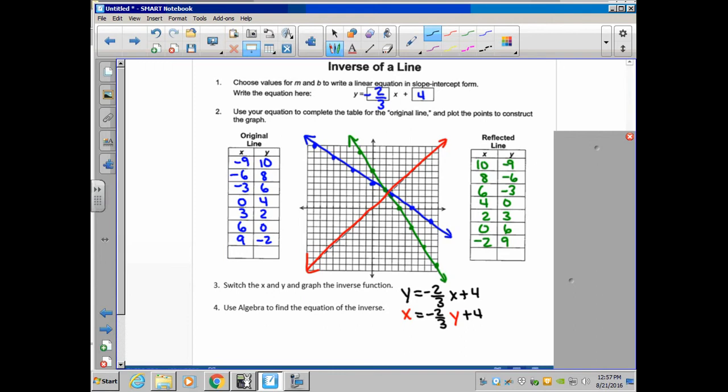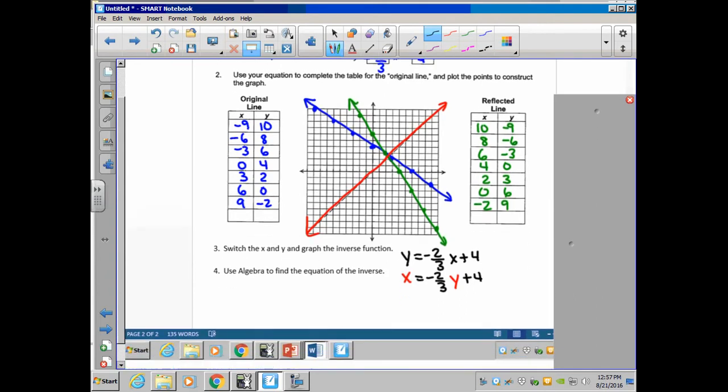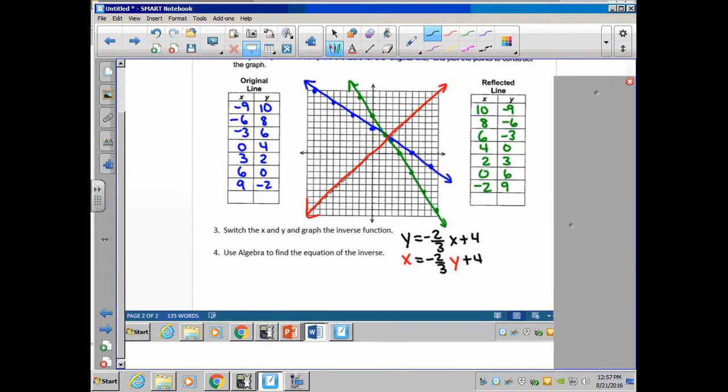So that's easy enough to do. What we're going to do first is subtract 4. So we have x minus 4 equals negative 2/3 y. And now to get rid of the negative 2/3, if I'm solving for y, I'm going to multiply by the reciprocal, negative 3 over 2. If I do it to one side, I have to do it to the other.